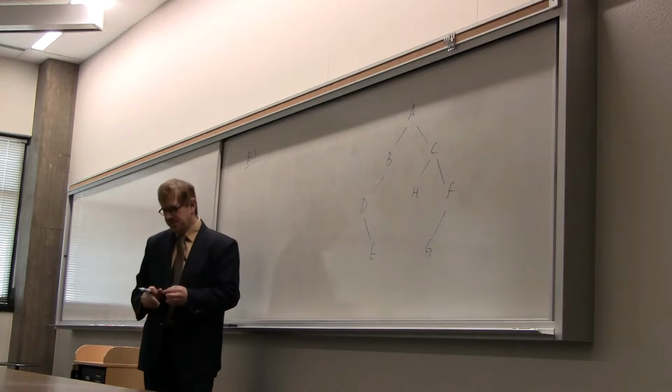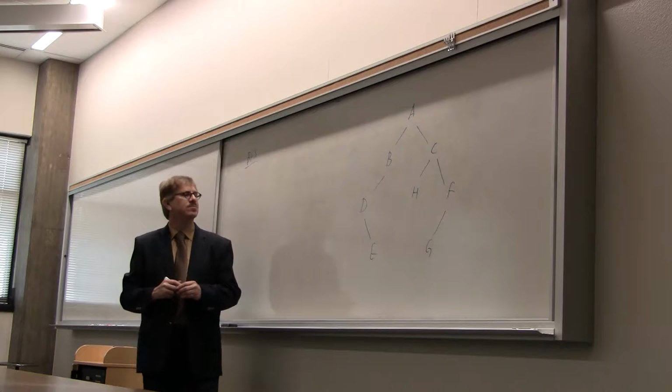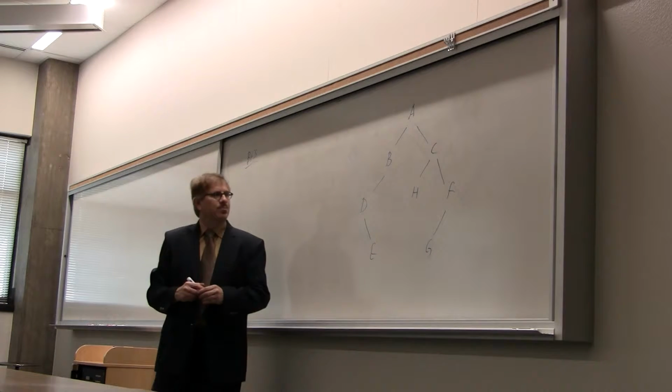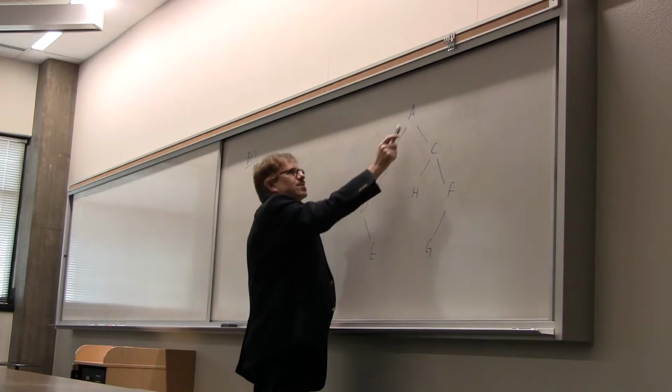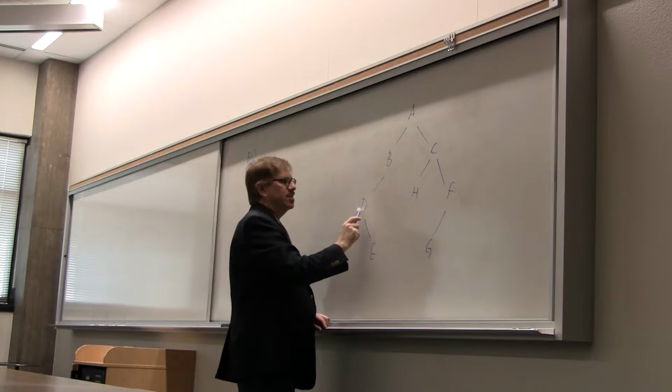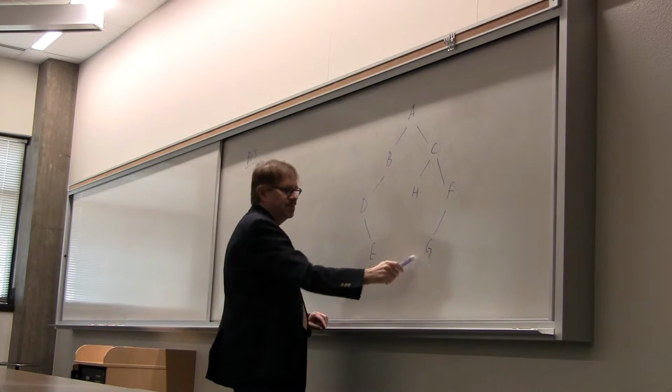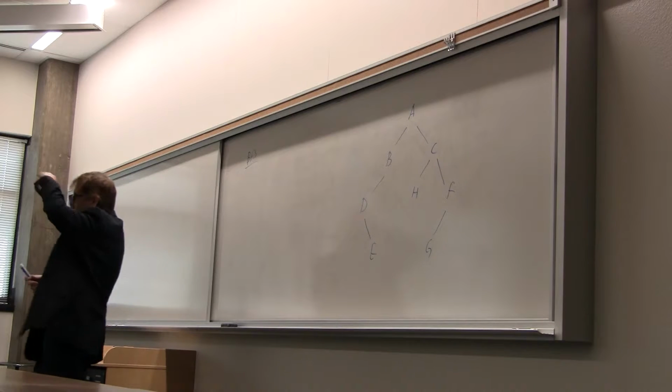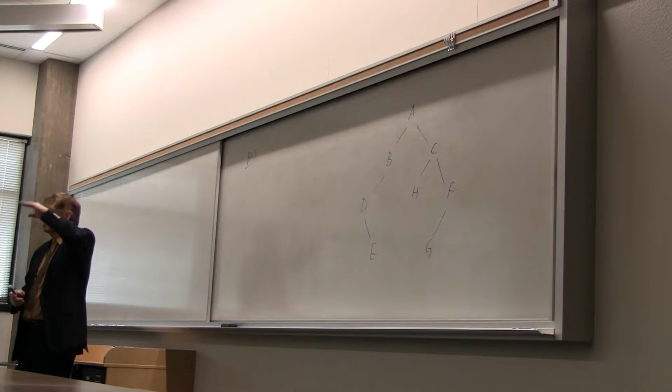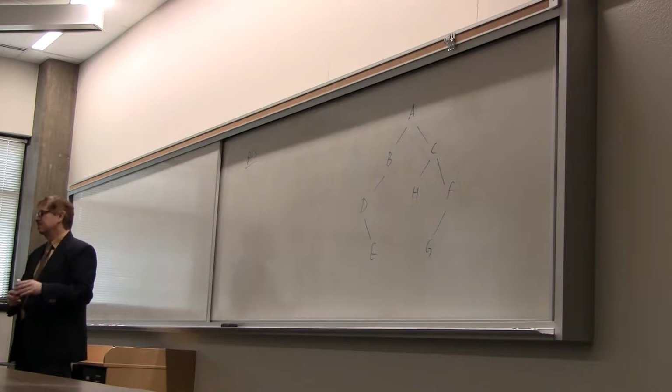Here's a tree, and a breadth first traversal would want to pick up A, and then B, C, and then D, H, F, and then E, and then G. So move across each level and move down slowly.